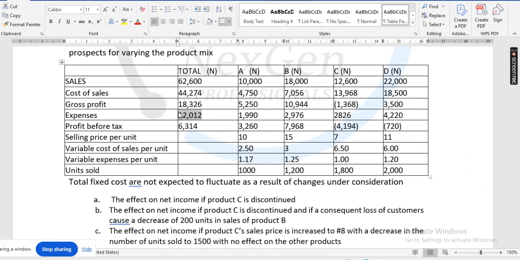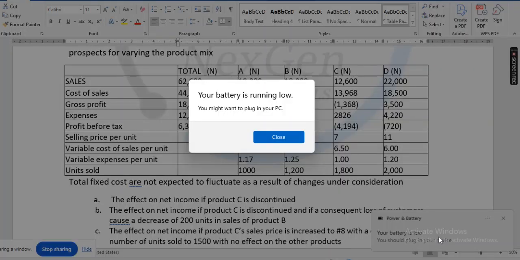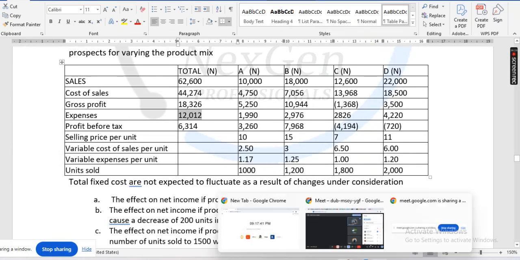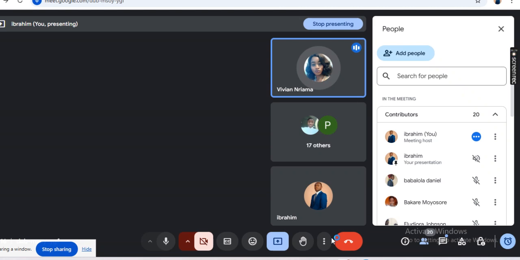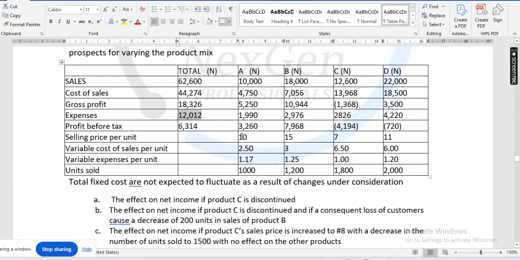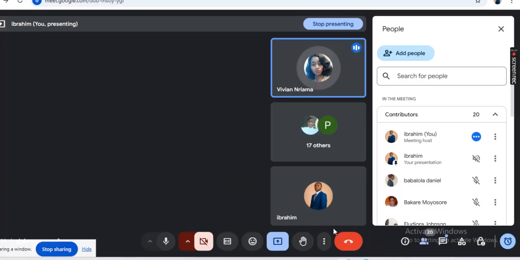So we cannot base our decision on this because we don't know what makes it up. That is why I said we have to use the contribution.